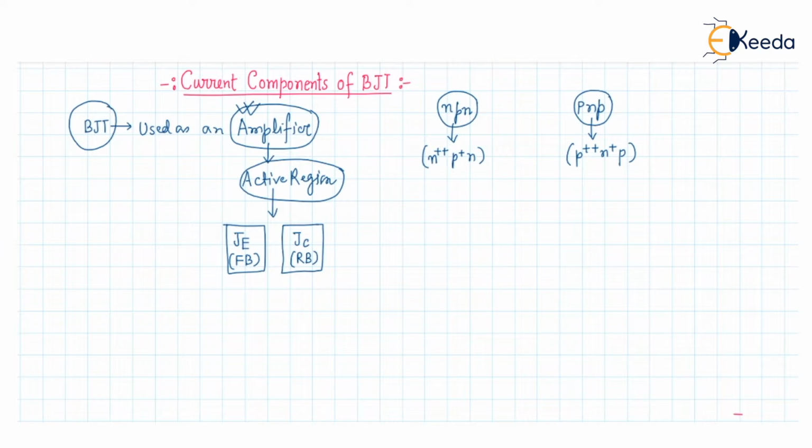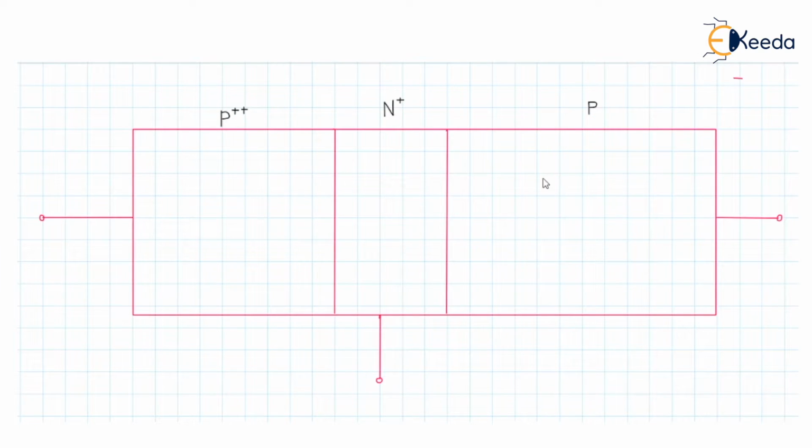So in this condition, let us see what the current components inside a BJT will be, and we will consider a PNP BJT. So this is a PNP bipolar junction transistor where the P region, that is the emitter region, is highly doped, and this is the base region which is N, and this will be the collector region, that is the P region.